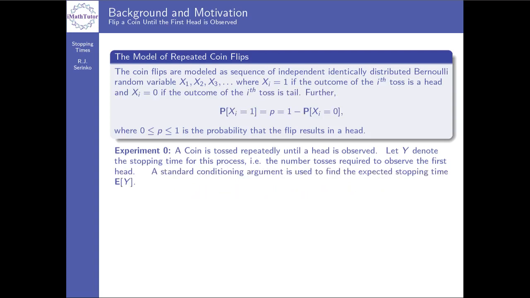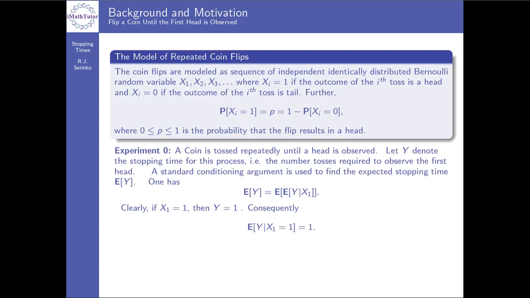The standard conditioning argument will now be used to find the expected stopping time, E of Y. We're using, again, a well-known result from probability theory. That is, the expected value of Y is the expected value of the conditional expectation of Y given X1. Clearly, if X1 equals 1, that is, if we get a head on the first toss, then Y equals 1.